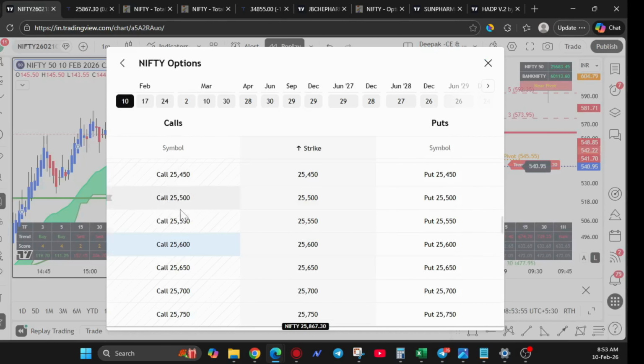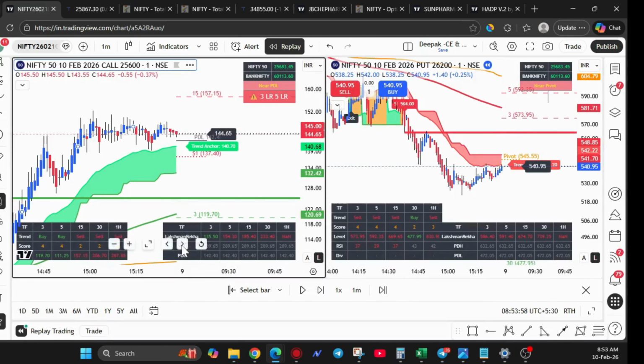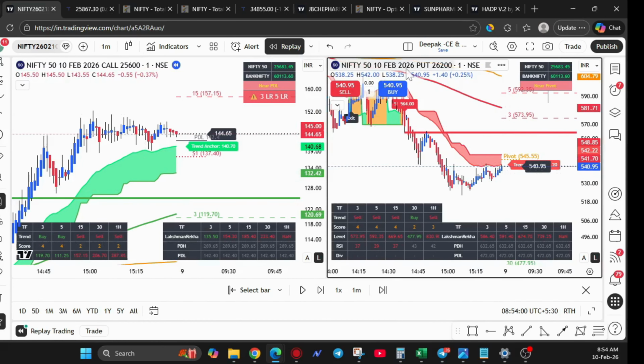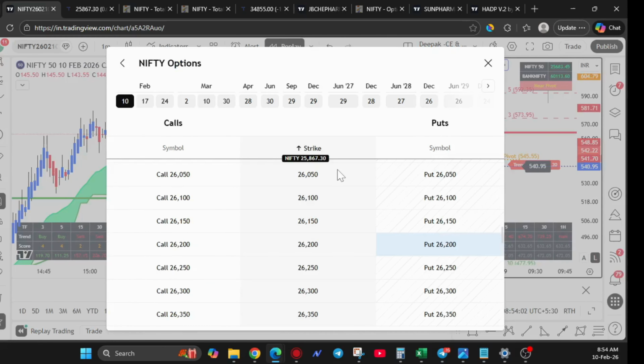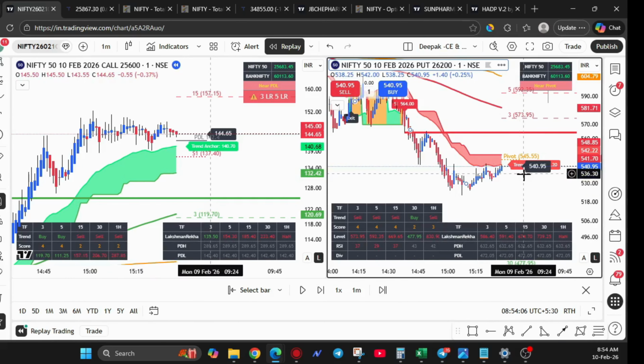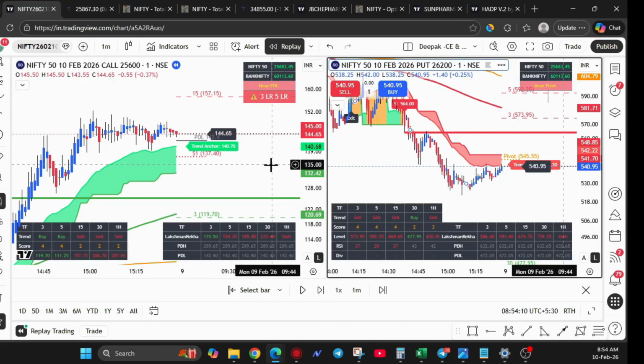We'll go to the options and load the 25,600 call option. On the put side, 300 points above is the 26,200 put option. Now we have kept both, and now we will see what happens and how to use them.